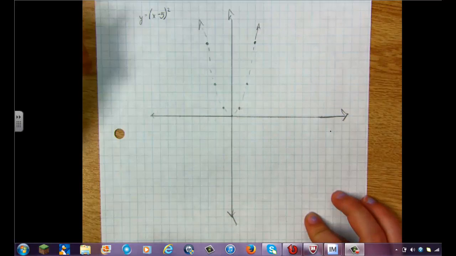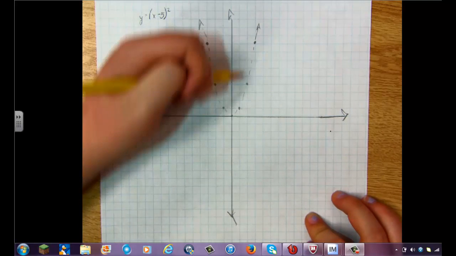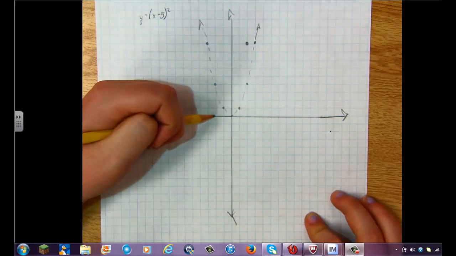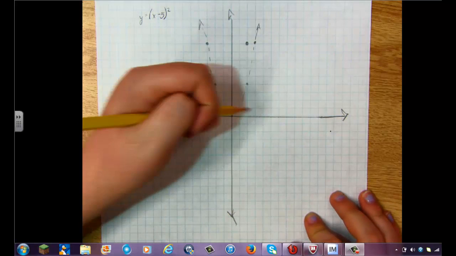So negative 3, 9 would be positive 2, 9. Negative 2, 4 would be positive 3, 4.